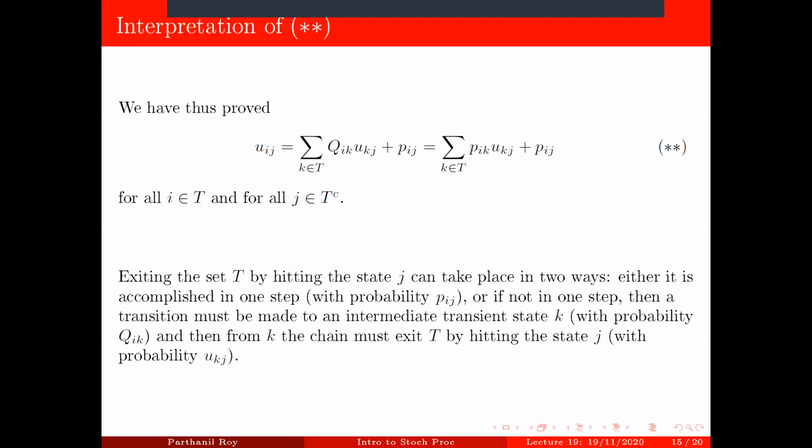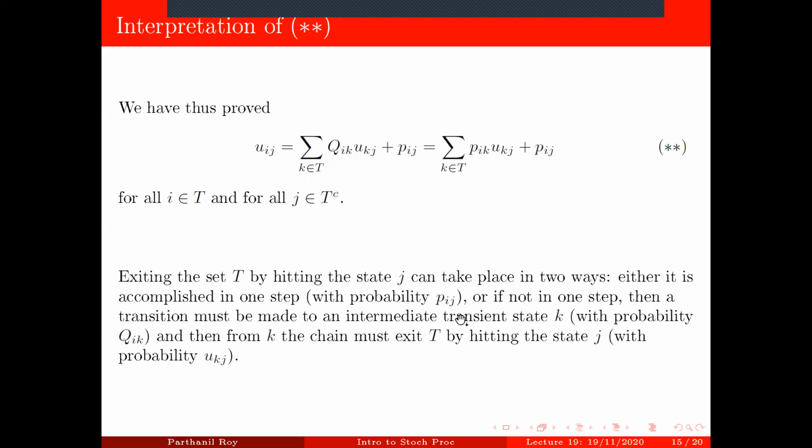And then from that transient state k, you go to j eventually. Okay, so what I mean is, starting from that transient state k, you exit T by hitting the recurrent state j. So that happens with probability U_kj. And then the product comes because of Markov property. And then you have to take the sum because this k is arbitrary. This has to be one of the transient states.